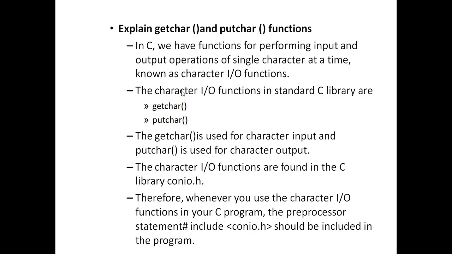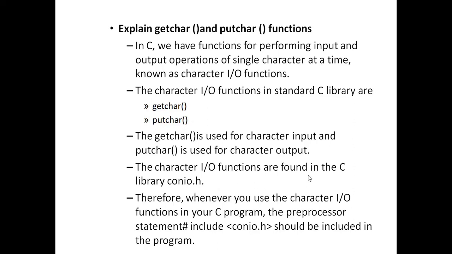These are the character IO functions of the standard C library. getchar is used for character input, to give input to the program, and putchar is used for character output, to display the output from the program.